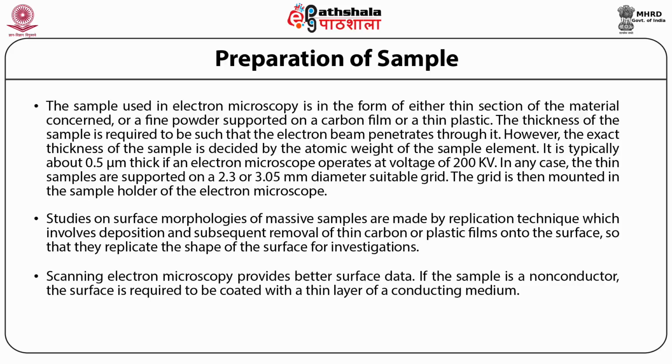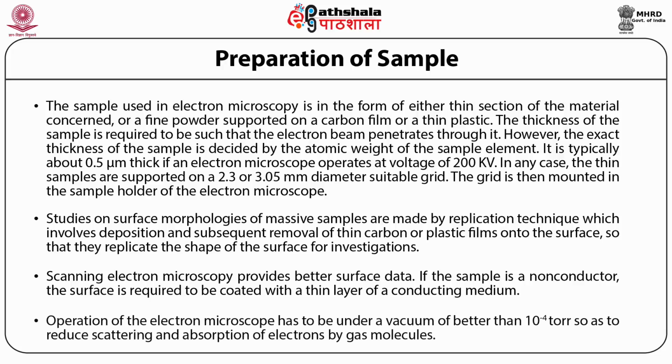If the sample is a non-conductor, the surface is required to be coated with a thin layer of a conducting medium. Operation of the electron microscope has to be under a vacuum of better than 10 raised to power minus 4 torr so as to reduce scattering and absorption of electrons by gas molecules.